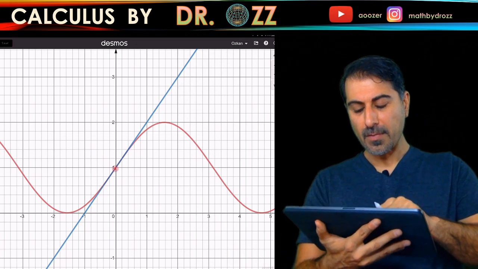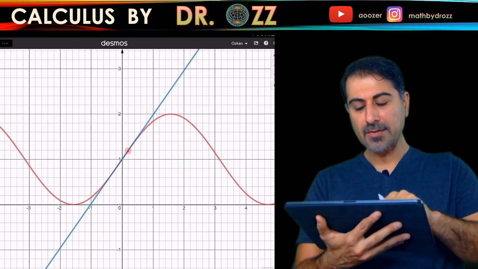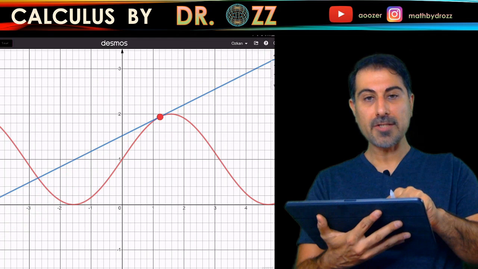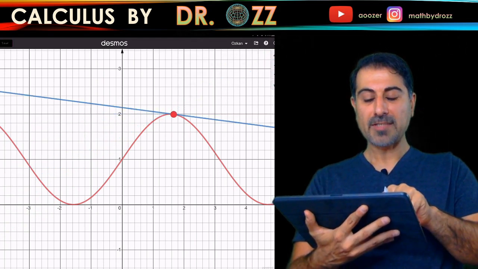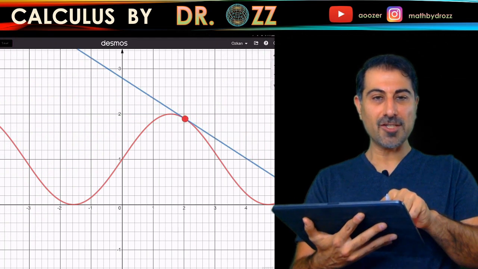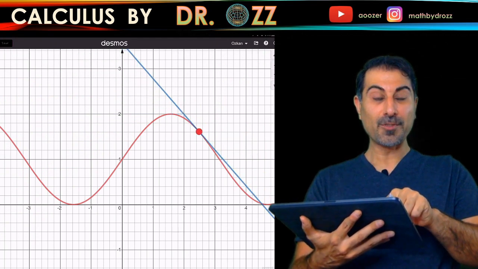If I change the point, as you see, to another point, tangent line is going to change, that we know from our experience, right? Tangent line is changing here, and the approximation is going to be different.